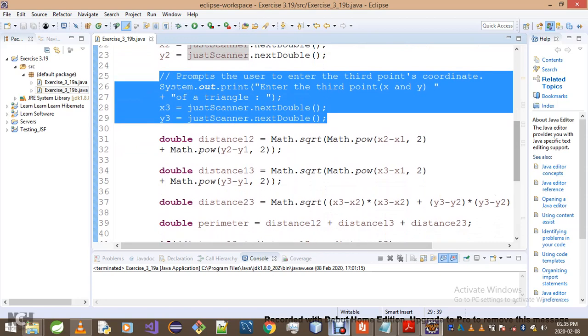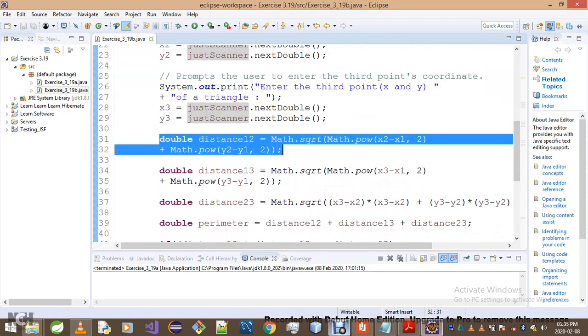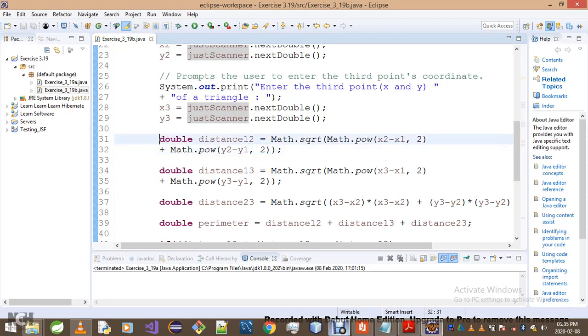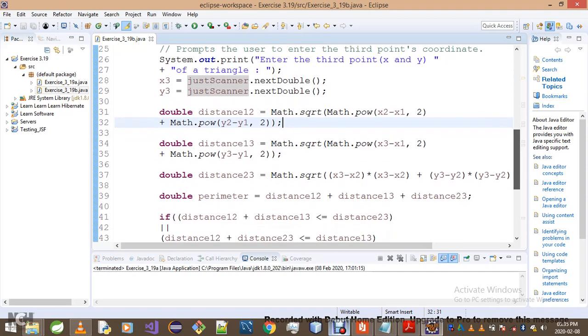And I did everything in one line. By that I mean I calculated a distance between two adjacent points in one line, just by using the Math.sqrt method and the Math.pow method.